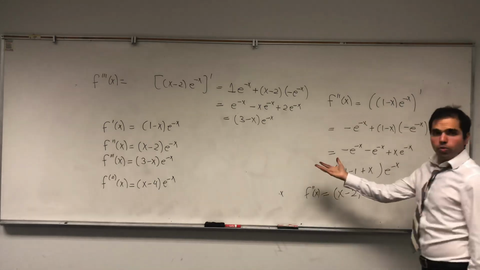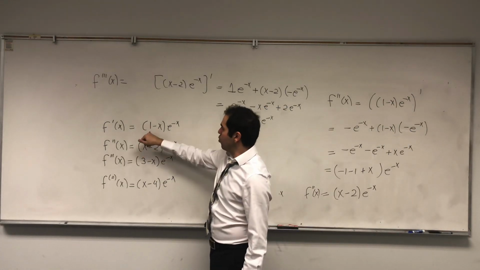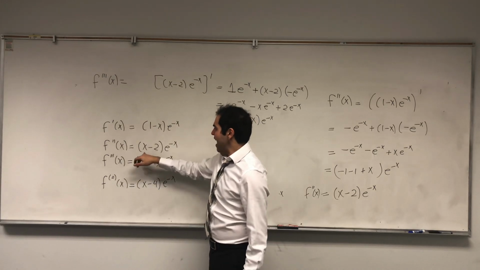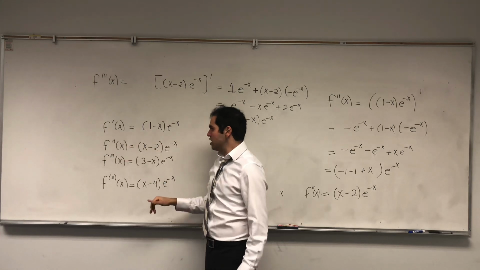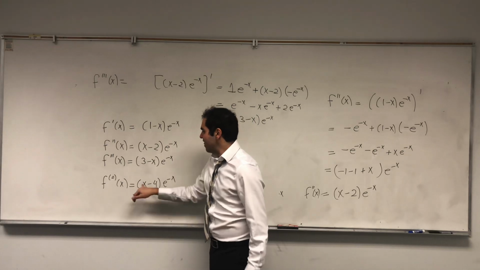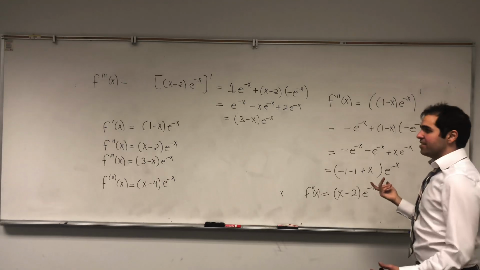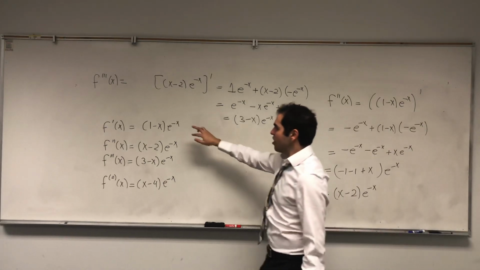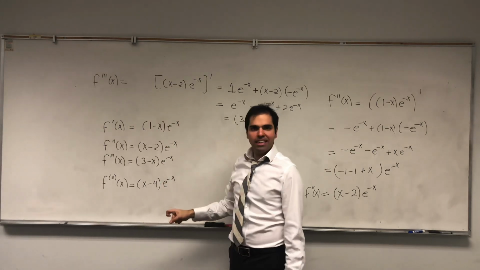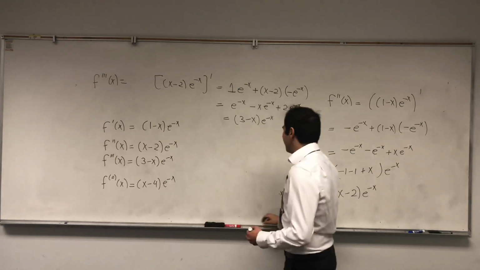So notice what we have. f prime of x, the first derivative, is 1 minus x e to the minus x. The second derivative is x minus 2, then with 3 derivatives it's 3 minus x, and then x minus 4 with 4 derivatives. So what's interesting is that it seems to alternate between something minus x and x minus something. What is that something? It's the number of derivatives.